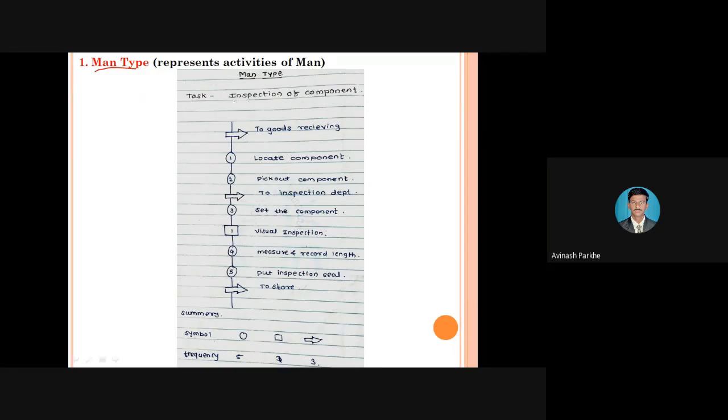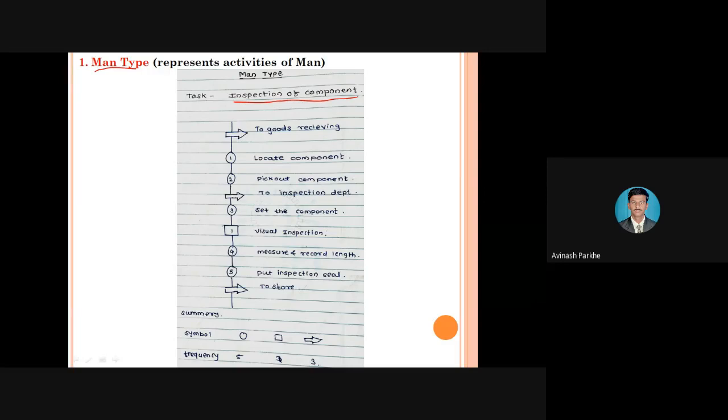For that purpose, here I have taken one example, that is inspection of the component. If I have to go for the inspection of the component, it means I have to check the different dimensions of that job. Checking of the dimensions will not take place automatically.